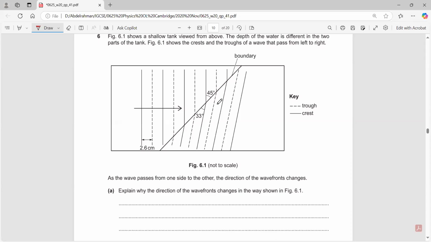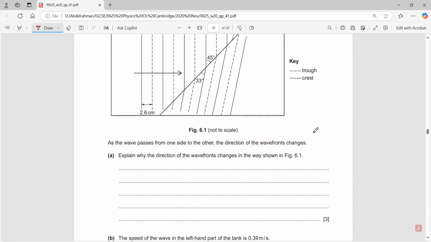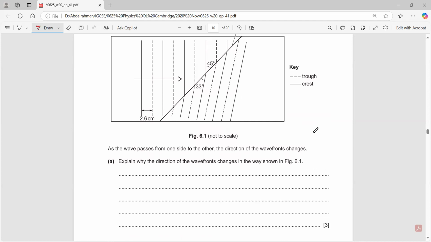This question has been repeated over and over. The speed changes. Why does the speed change? Because it's moving from one medium to another, more dense to less dense, or less dense to more dense.